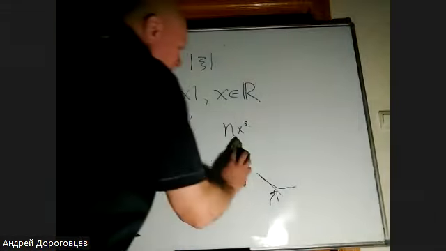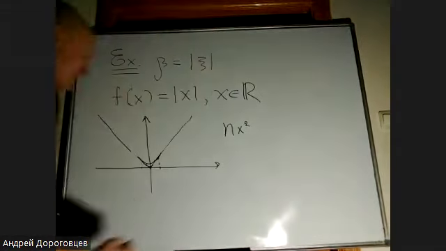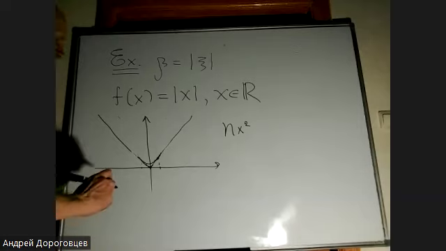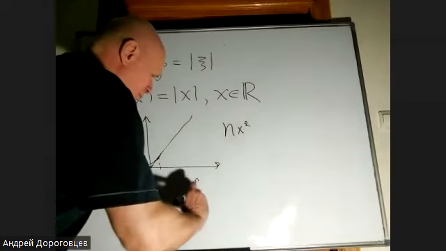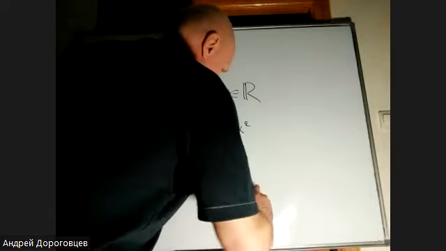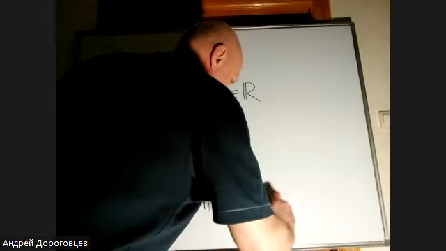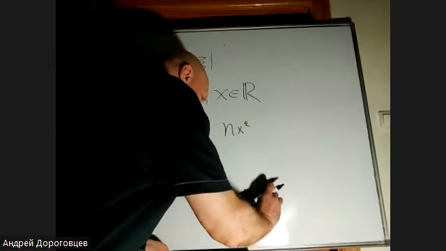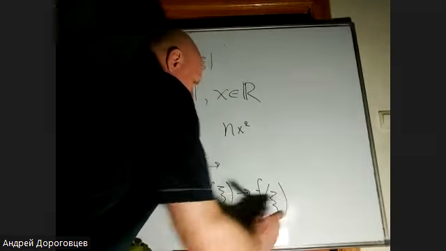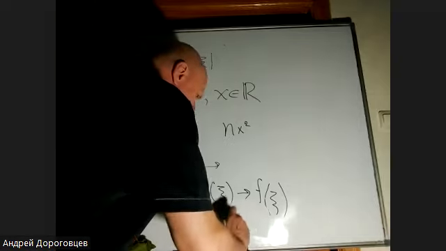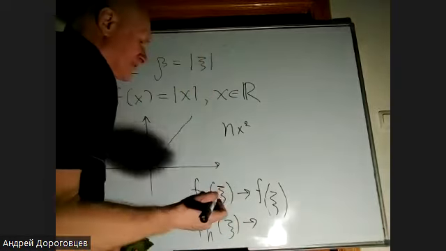Due to this, one can understand that when I have a sequence of such functions, say fn, then fn of psi will converge in L2 to F of psi, and fn prime of psi will converge in L2 to something.